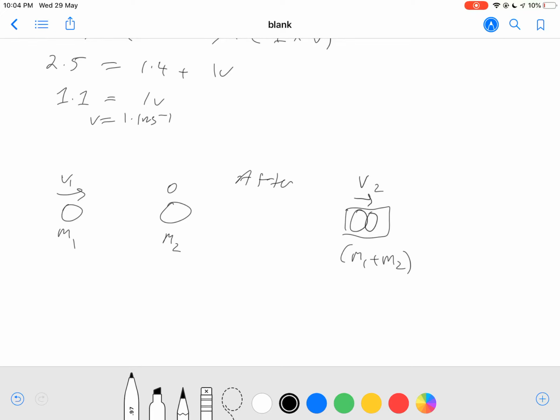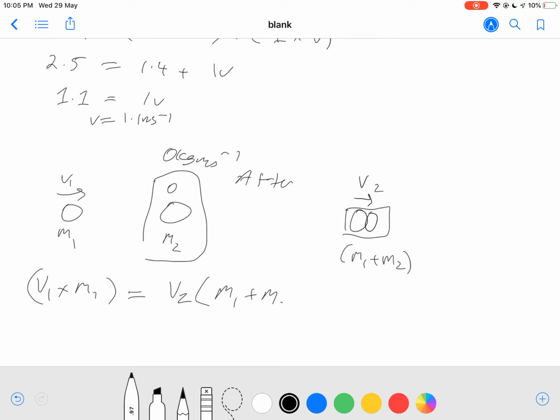So how are we going to find the unknown velocity after? Basically v1 times m1 equals the initial momentum, because 0 times anything is still 0. That is equal to the unknown v2 multiplied by the mass of the first object plus the mass of the second object.